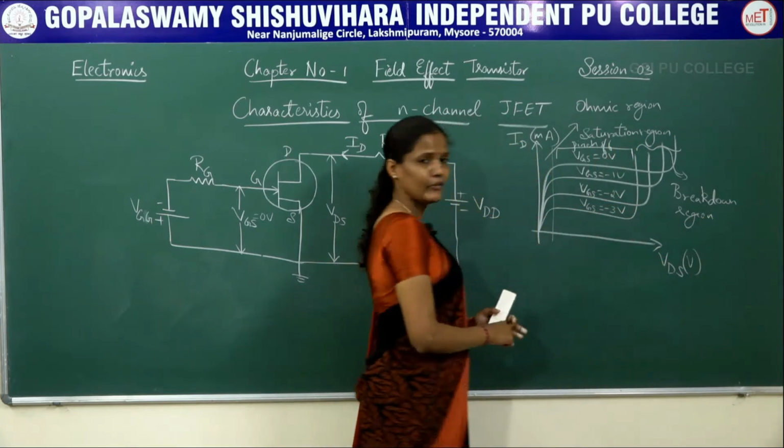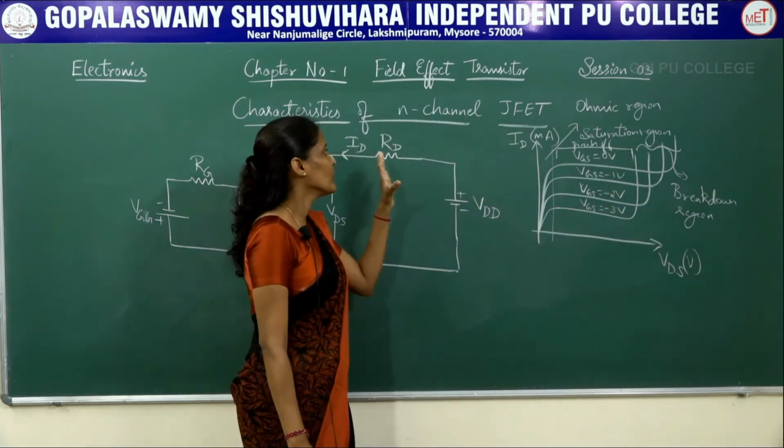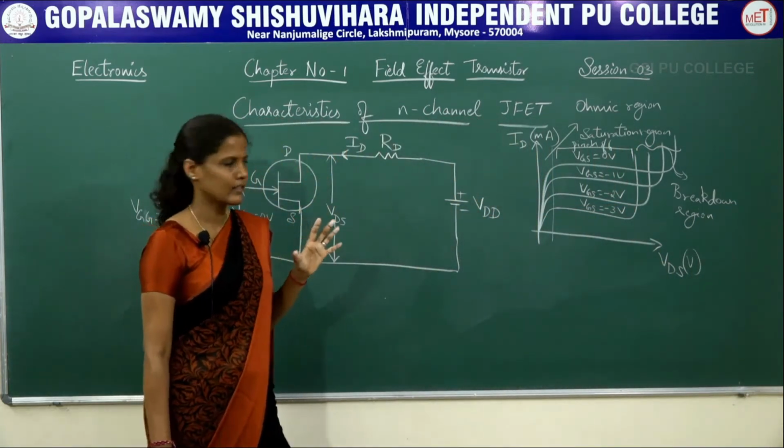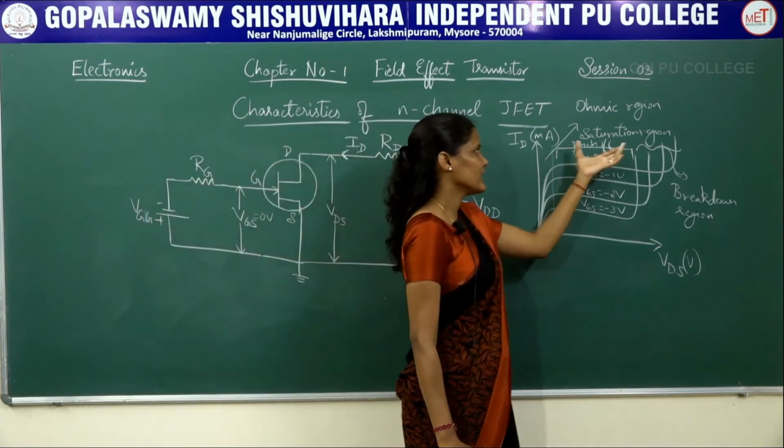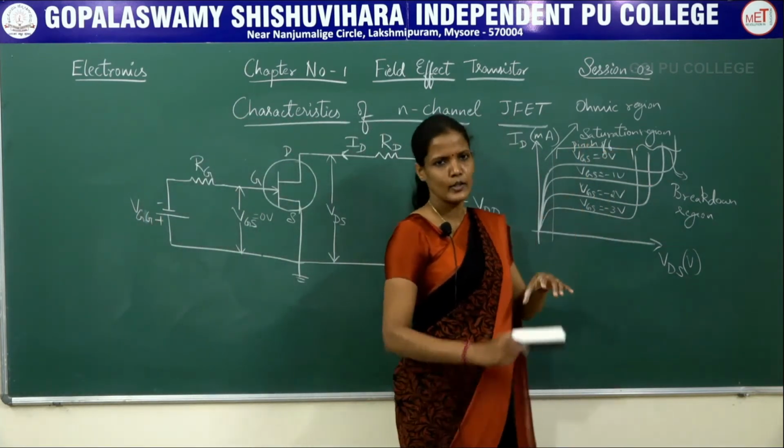So these are the 3 different regions we have to understand when it comes to the drain characteristics: the ohmic region, saturation region and the breakdown region.